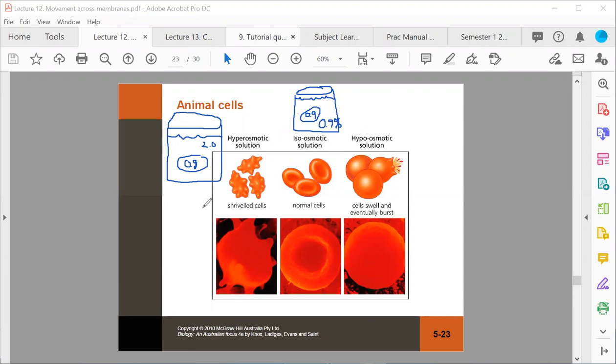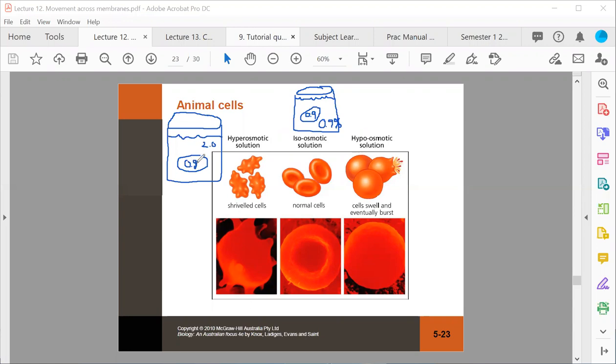Okay, so remember, looking at this again, where do we have the highest water potential? Or think about free energy.